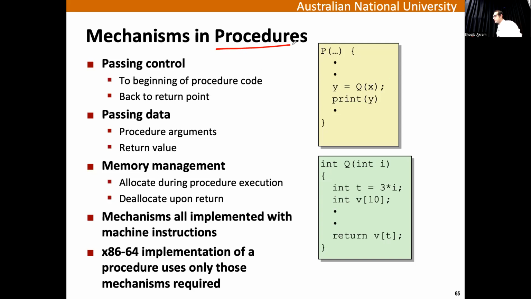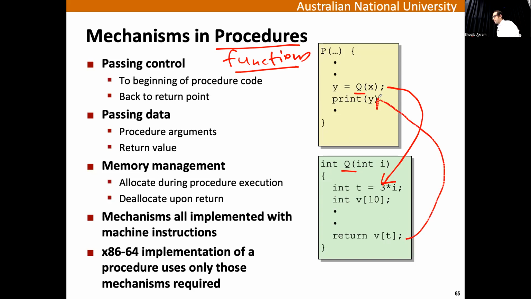We're talking about procedures or functions. So here, when you have a function call, you go to the first instruction of the function that you're calling, and then when you return, you go back to the next instruction in the caller's code.